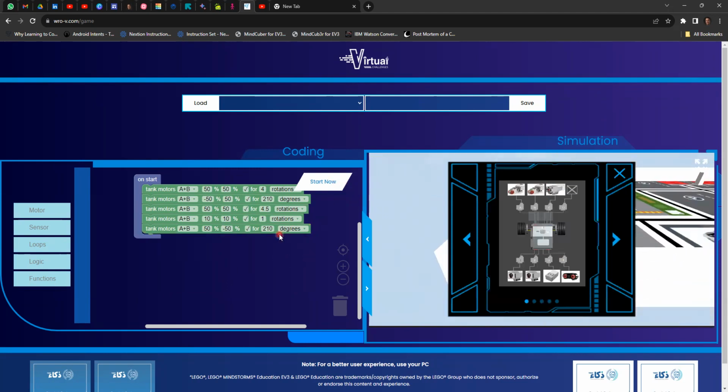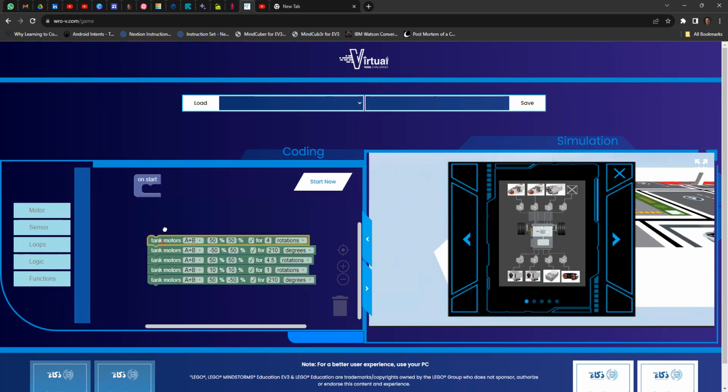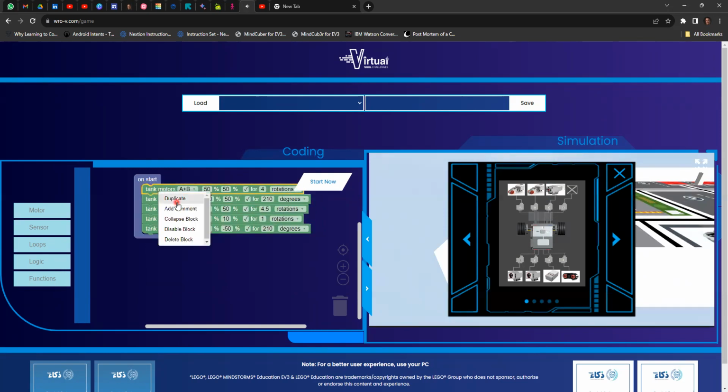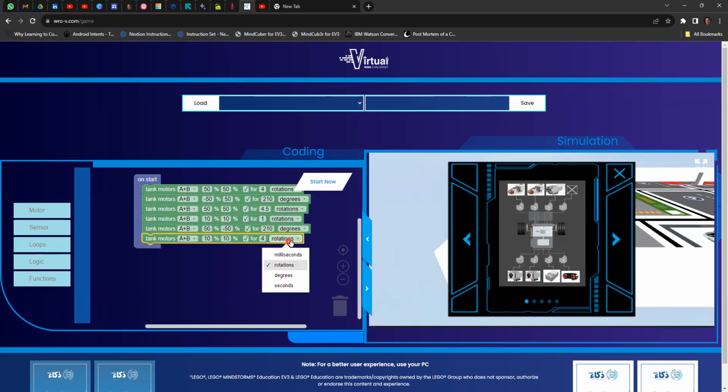So after turning, I need to move forward. Oh, I would like to duplicate this one. I'll move forward again at like 10%. Again, let's move slowly first at the beginning. 10%, and here also another 10% for like 1 rotation.